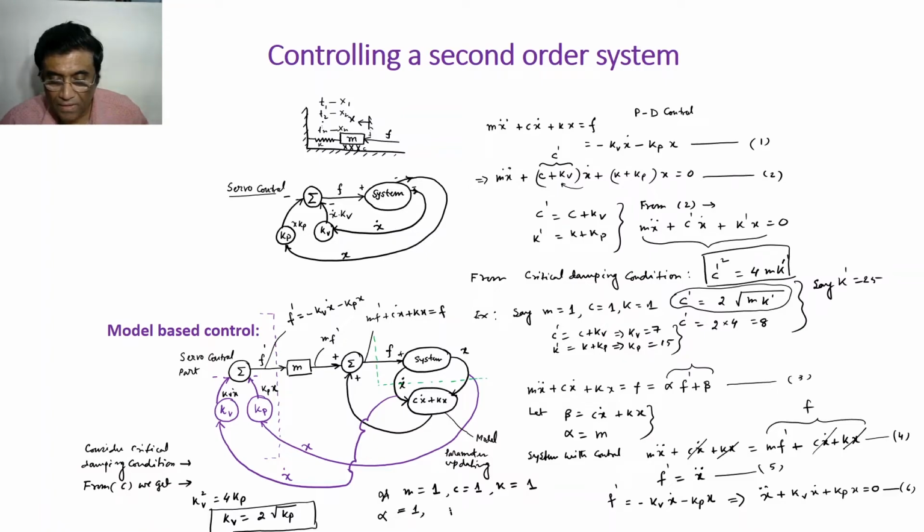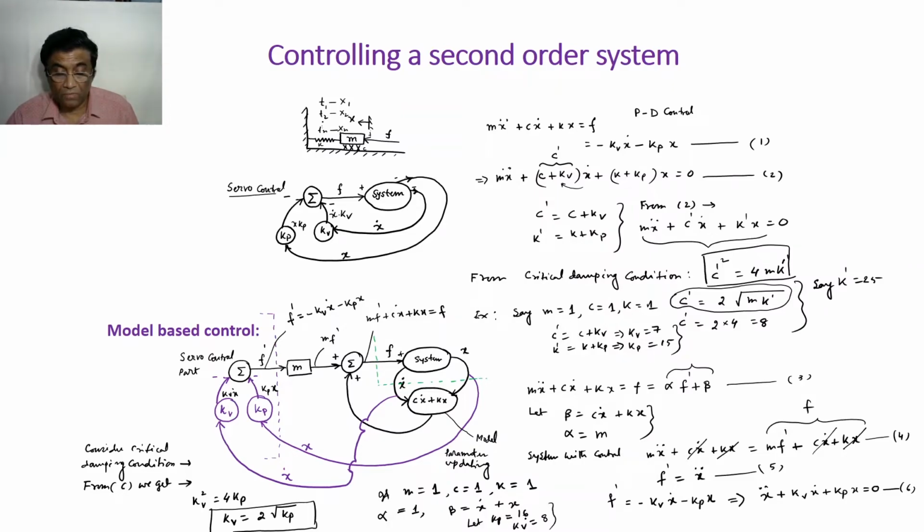What is your beta? x dot plus x, like that. So you can compute alpha and beta, and then you can select any kp. Let kp equal 16, and immediately kv will equal 8.